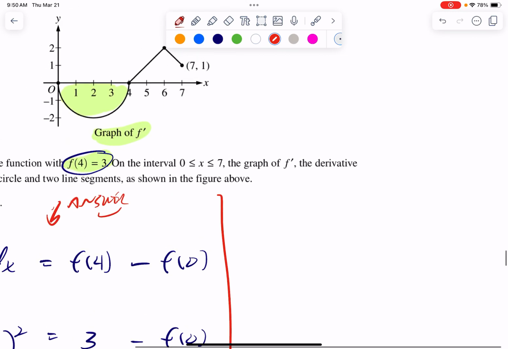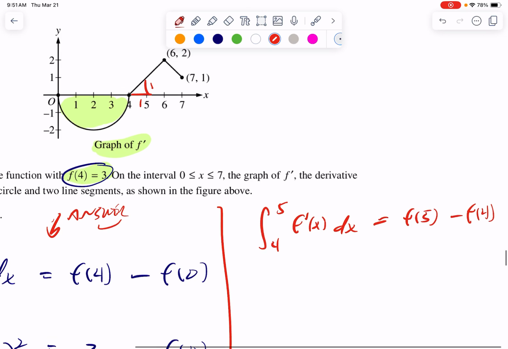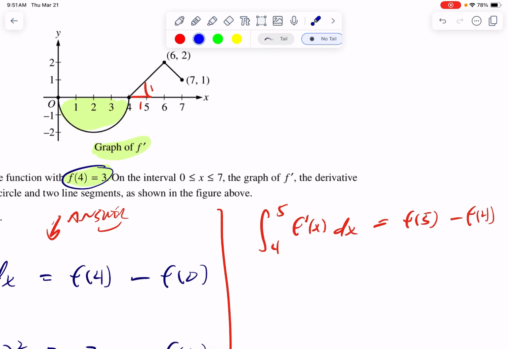If we do the same thing for 5, it's even easier. So the definite integral from 4 to 5 of f prime. On the one hand, that's f of 5 minus f of 4. On the other hand, that's just the area of a 1 by 1 rectangle. Right? They want that to be pretty easy, just 2 over 2 up.